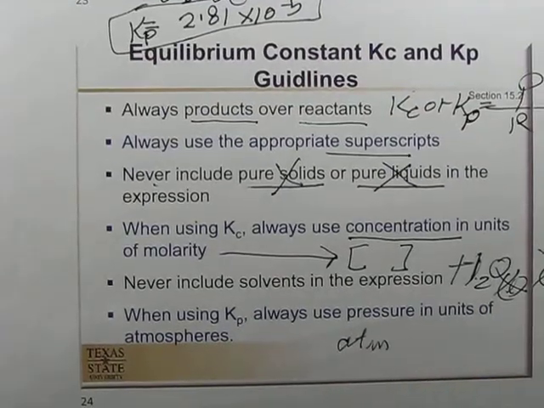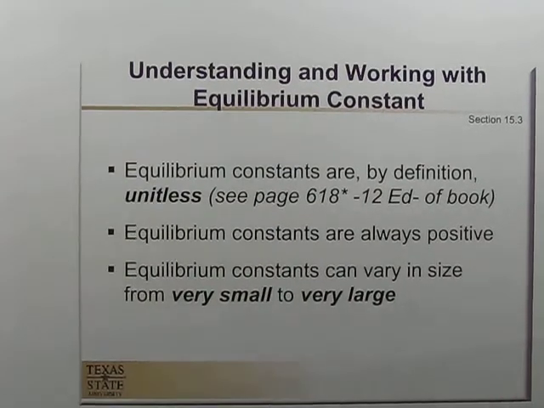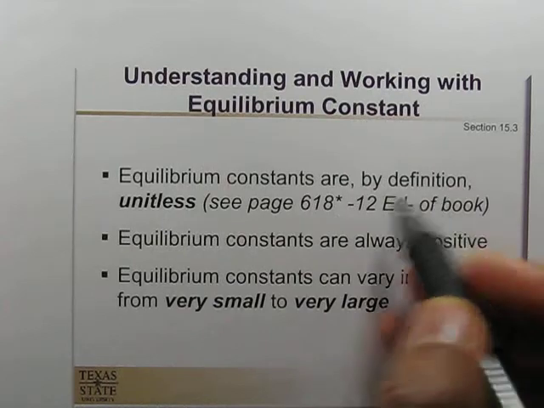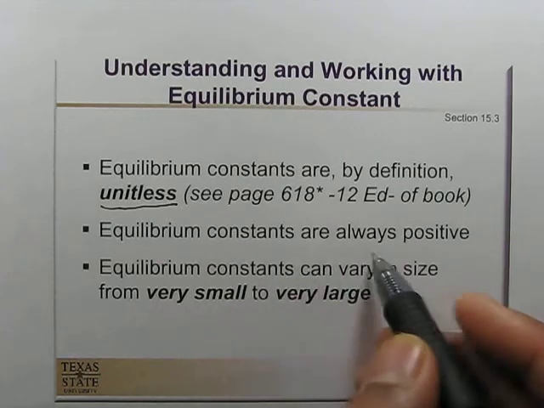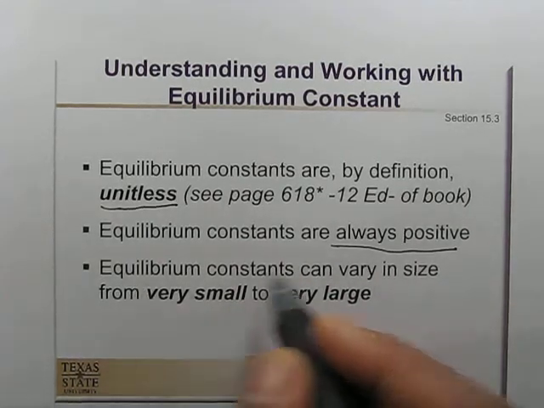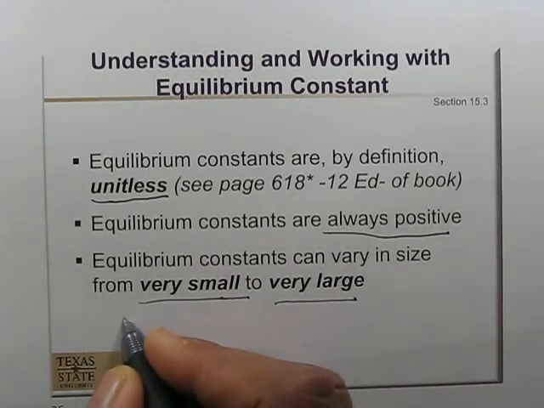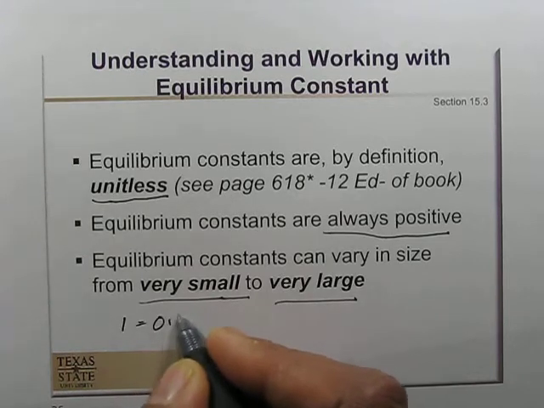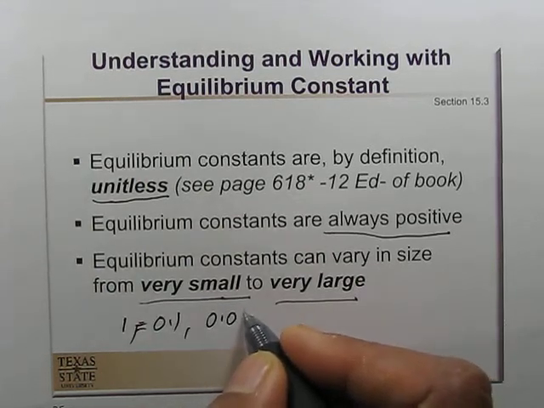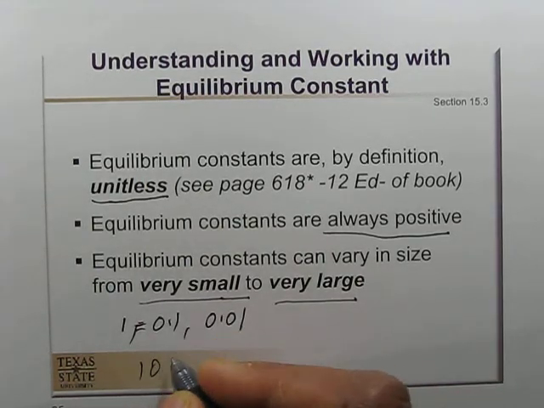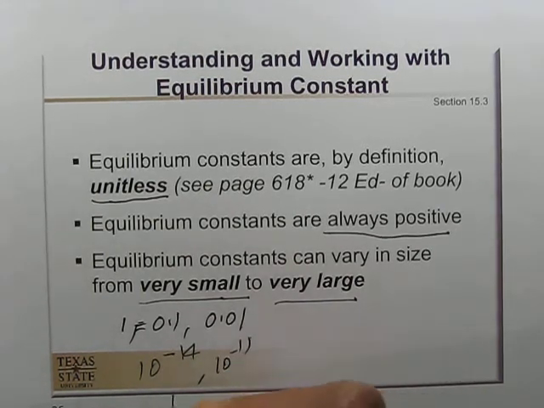And then the next important thing is that equilibrium constants are unitless, right? Equilibrium constants do not have a unit. Equilibrium constants are always positive, and they can vary in size, very small and very large. So this can be like 1 or 0.1, as we have seen in one example, or 0.01, or they may go much smaller, like when we calculate pH, 10 to the power minus 14, minus 11 or minus 3.